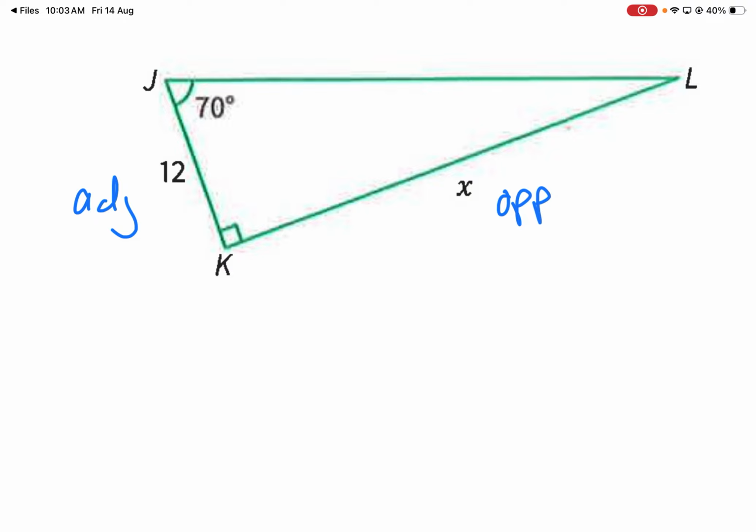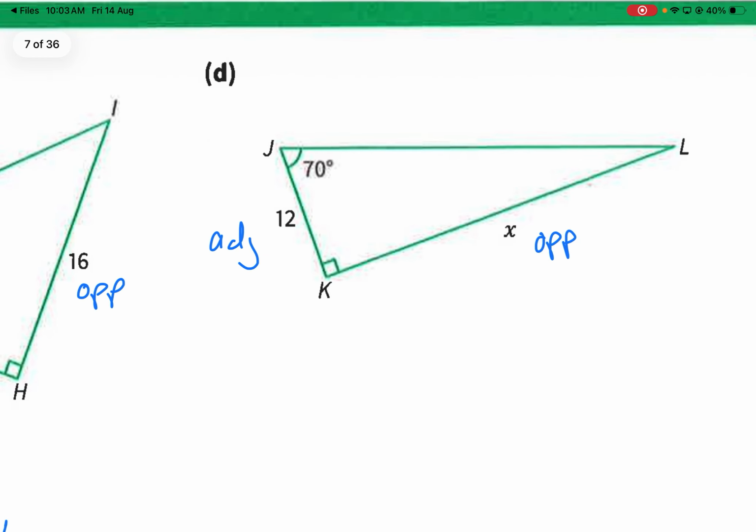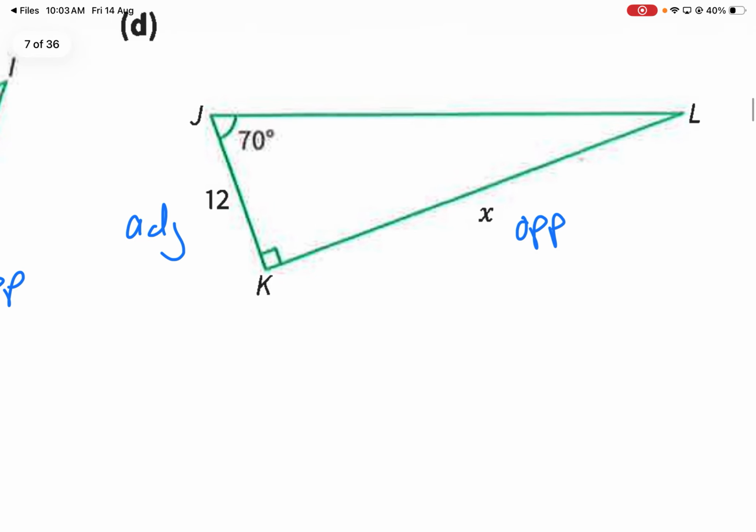Same, I want to link the angle. I want to link 12. I want to link X. So, opposite, adjacent, TOA, T. Tangent 70. Opposite is X. Adjacent is 12. X already numerator. So this one easier. Just multiply 12.